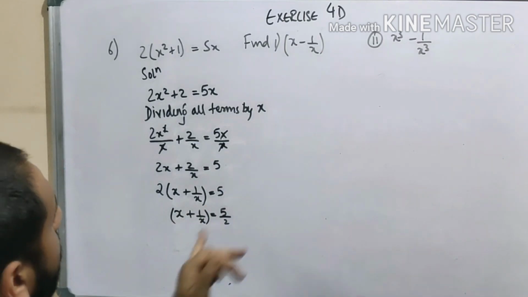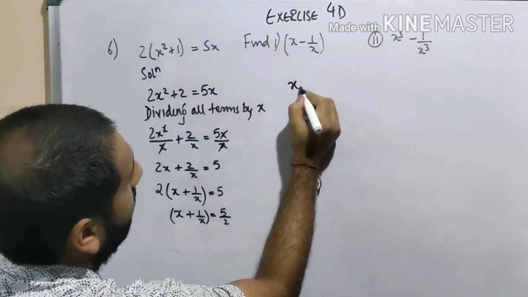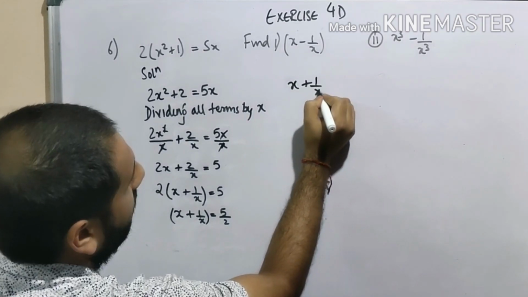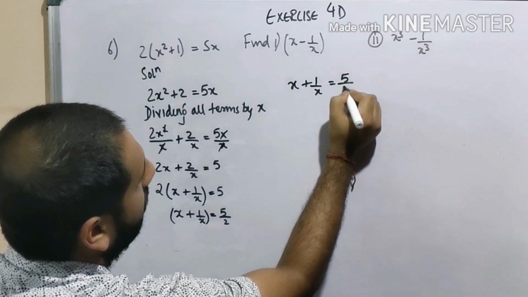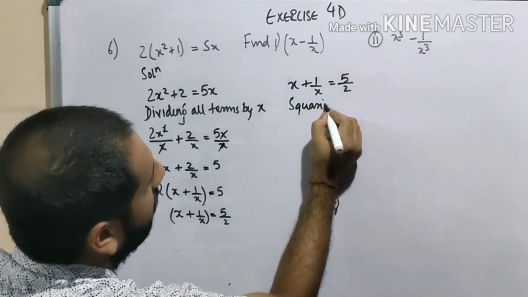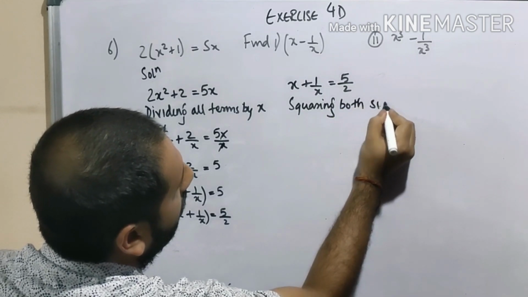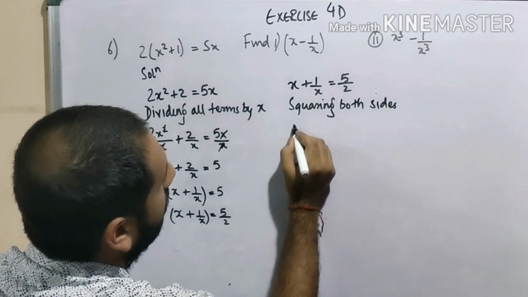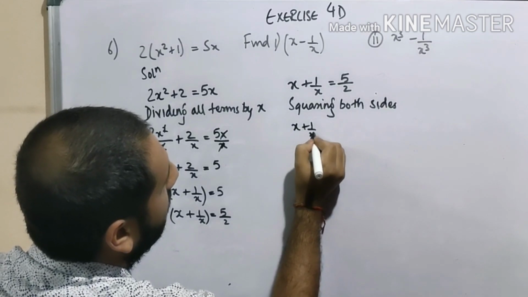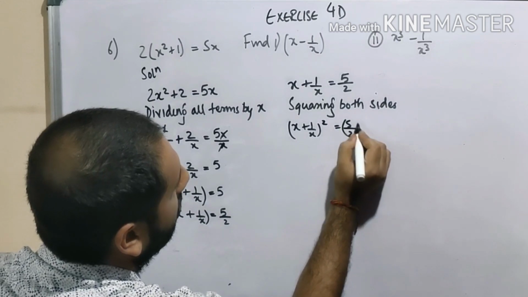Now we'll solve, put the value here and then find this. We know x plus 1 by x is equal to 5 by 2. When I square both sides, I get x plus 1 by x whole square is equal to 5 by 2 whole square.